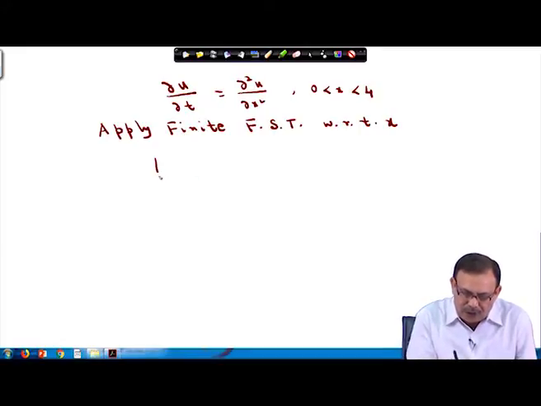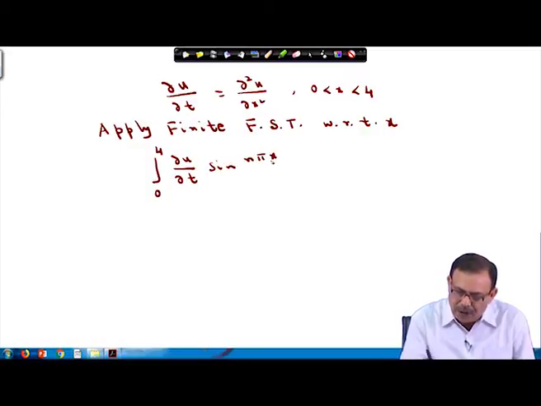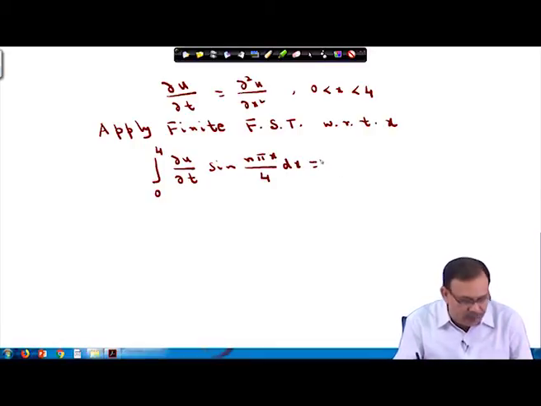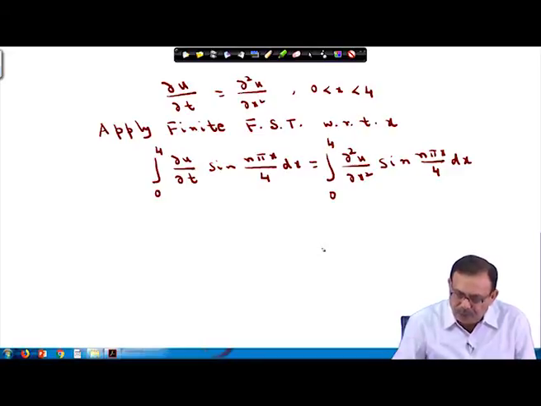So, from the definition, the left hand side will be the integral from 0 to 4, here L is 4, of del u del t into sin(n pi x by 4) dx, whereas the right side will be the integral from 0 to 4 of del 2 u del x square into sin(n pi x by 4) dx.